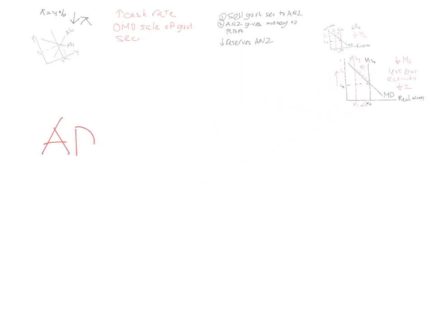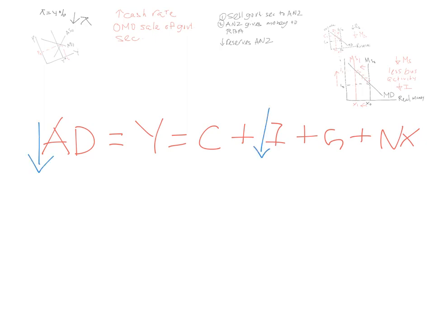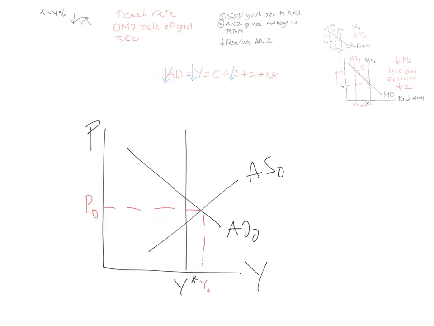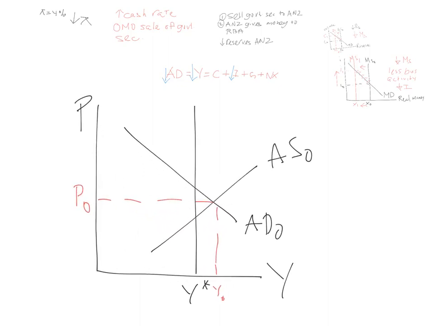Remember, aggregate demand equals Y equals C plus I plus G plus NX. If there is going to be a fall in investment, there will be a fall in aggregate demand and a fall in output. That is going to be depicted back in our original graph as a fall in aggregate demand.